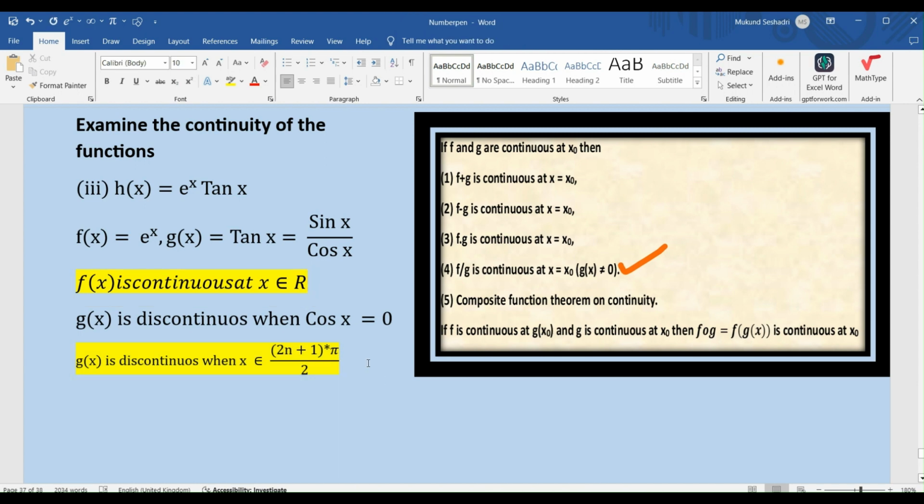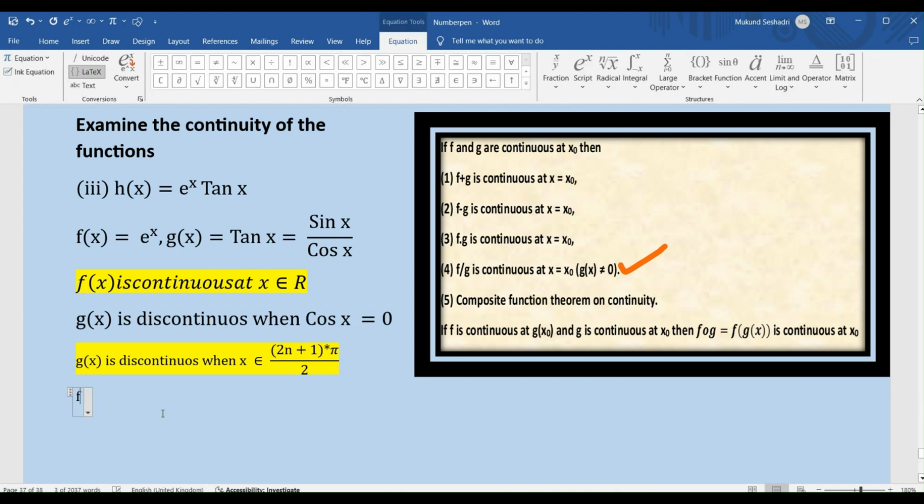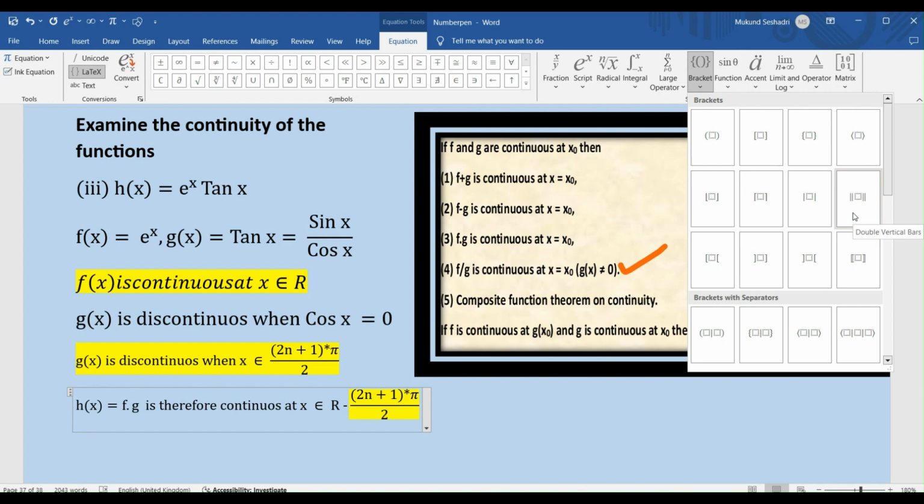so when we rewrite this, f dot g, which is nothing but my h of x, is therefore continuous at all x belonging to R except, when I write this, I will have to write it like this, except odd multiples of 2n plus 1 into pi by 2.